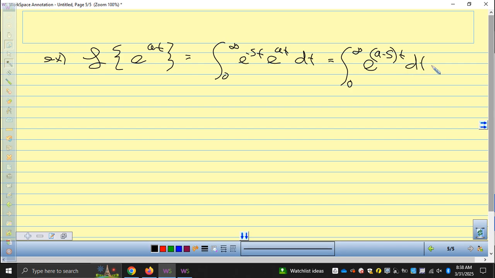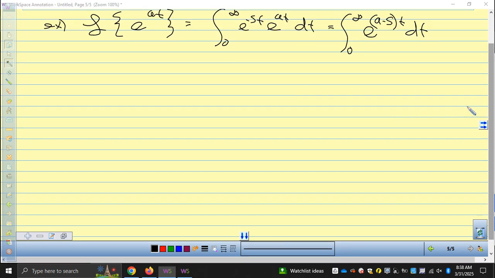And just so it's easier to see the conditions for convergence when we evaluate this integral, I'm going to write this as the integral from 0 to infinity of e to the minus s minus a t dt, just to make that exponential negative.